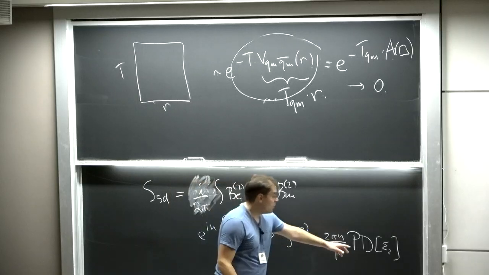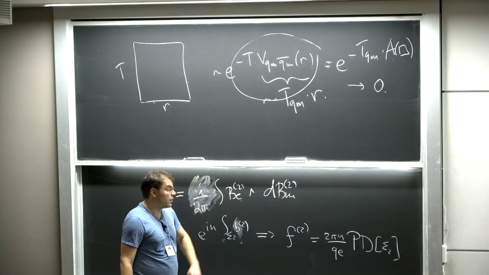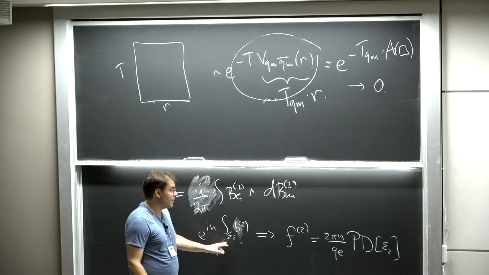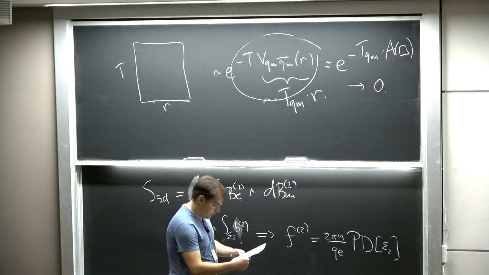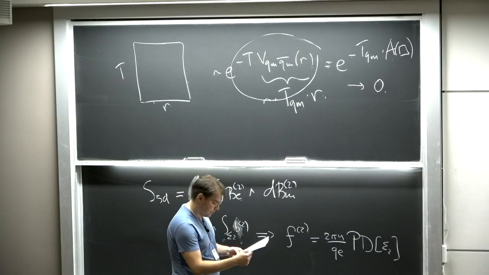Where this Poincare dual of sigma 2 really means a delta function representative of this Poincare dual 2-cycle to sigma 2. I think we saw that in Greg's lecture yesterday.